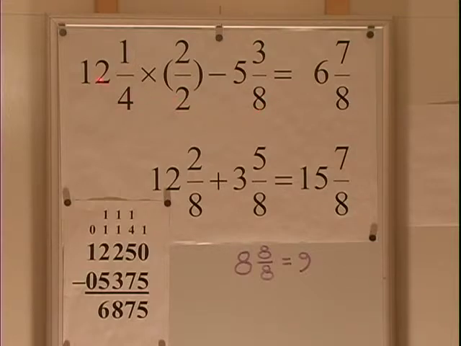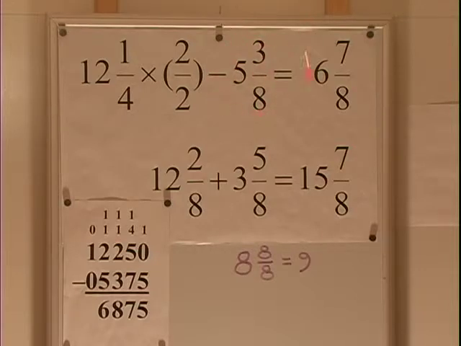So I want to subtract 5 3/8 from 12 1/4, and what I should get is 6 7/8, 6.875.